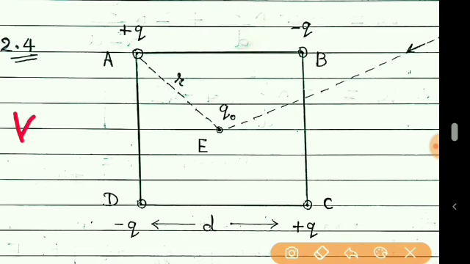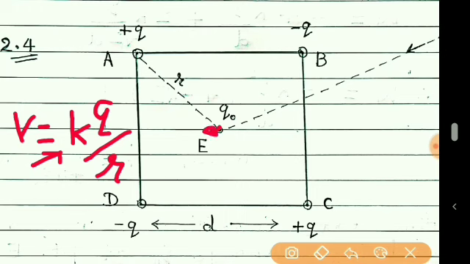It is V is equal to KQ by distance r, where K is equal to 1 upon 4 pi epsilon naught. So at this point, the potential due to this charge at distance r will be this much. Here we have taken this distance r for simplicity.